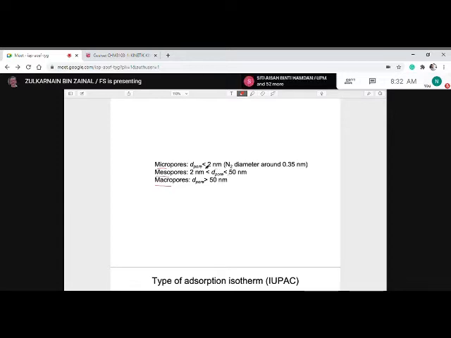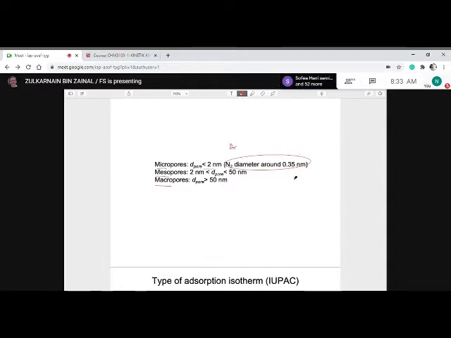Micropores should be less than 2 nanometers, right? So this is for nitrogen adsorption. We can use nitrogen adsorption. You can also use other adsorbates, like argon, for example.